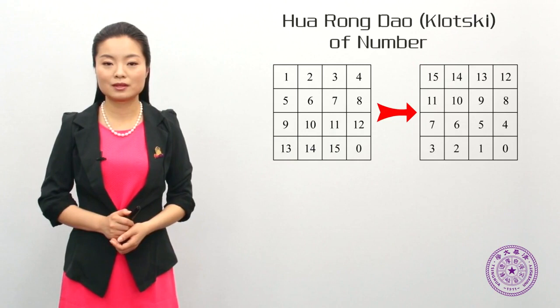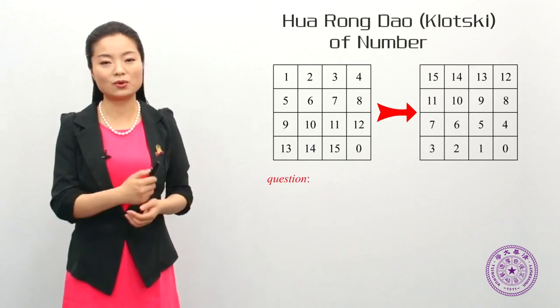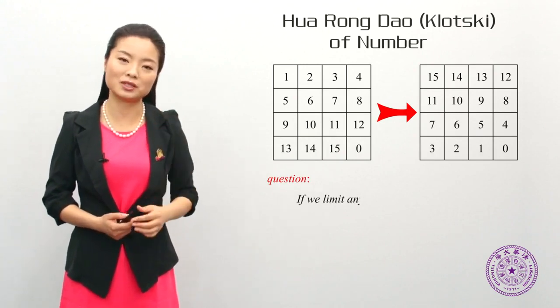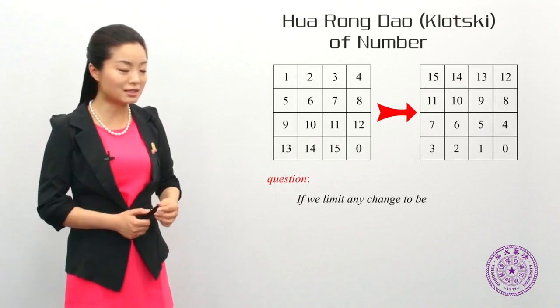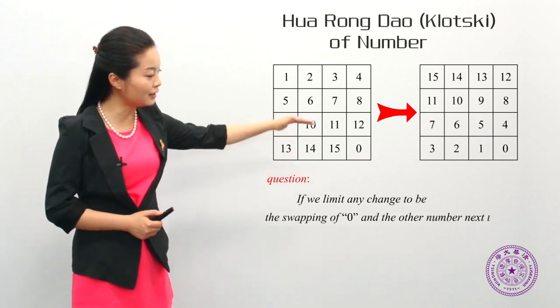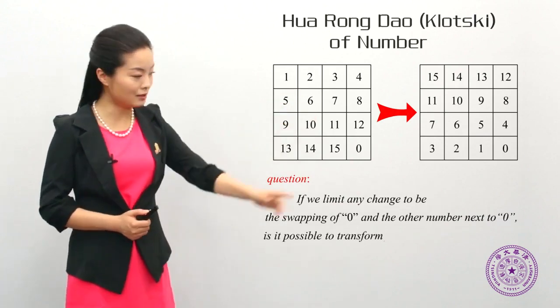Then we may ask a question. Since the swaps can generate new images, if I limit any change to be the swapping of 0 with other numbers next to 0, which are 0's neighbors, then we will ask, under these rules, is it possible to produce the right image? We can all think about it first.